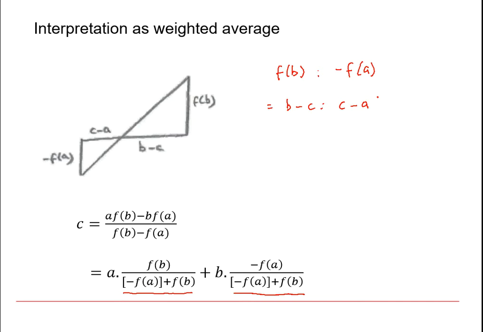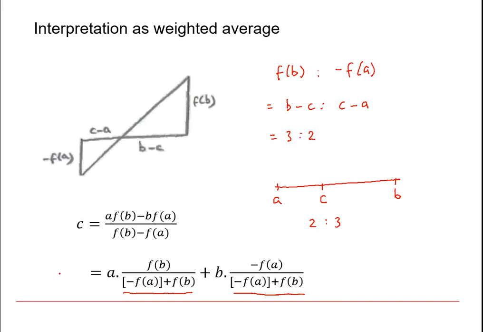So suppose, for the sake of argument, that this was the ratio 3 to 2, then if we consider the interval from A to B, so this is in the ratio 3 to 2.